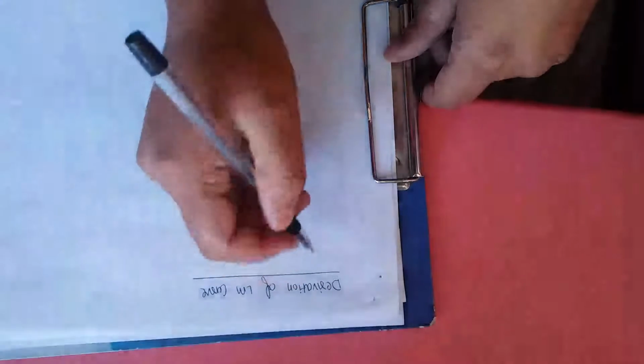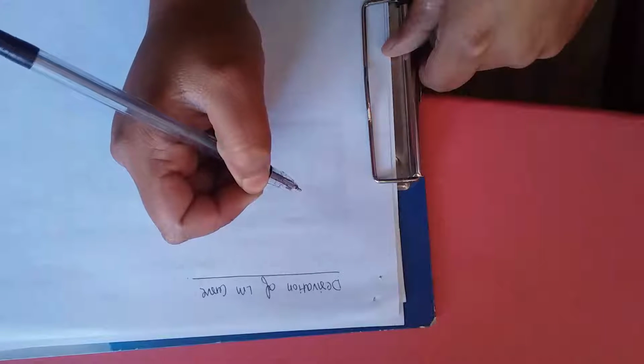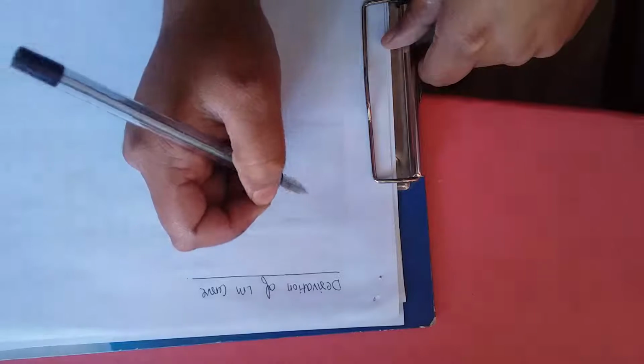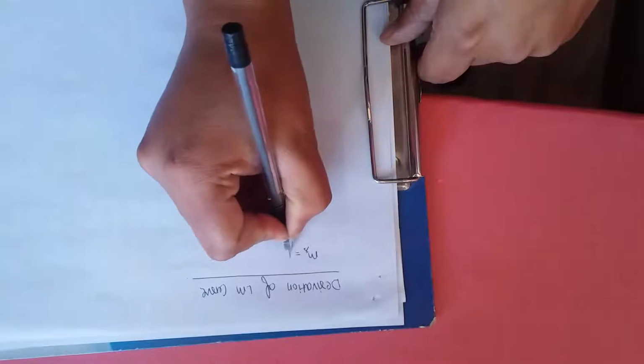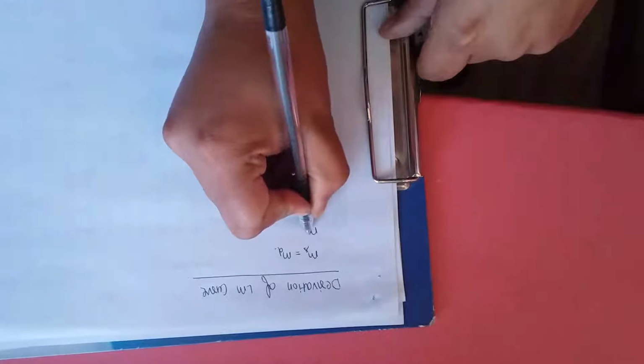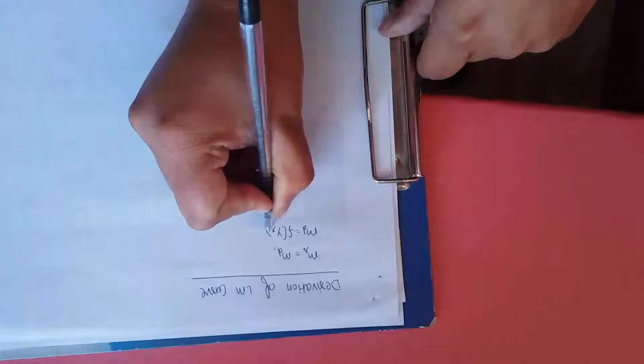As you know, in the money market, the equilibrium will be at the point where money supply is equal to money demand. Money demand is a function of income and rate of interest.